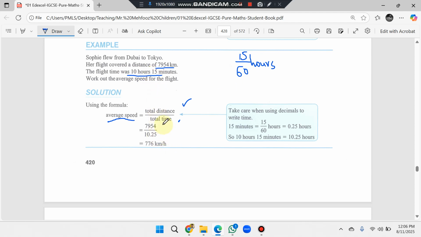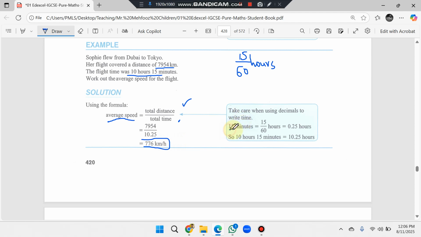Okay, so when we divide these two terms, your answer will be average speed, 776 kilometers per hour. It means that Sophie flew from Dubai to Tokyo at an average speed of about 776 kilometers per hour, right?